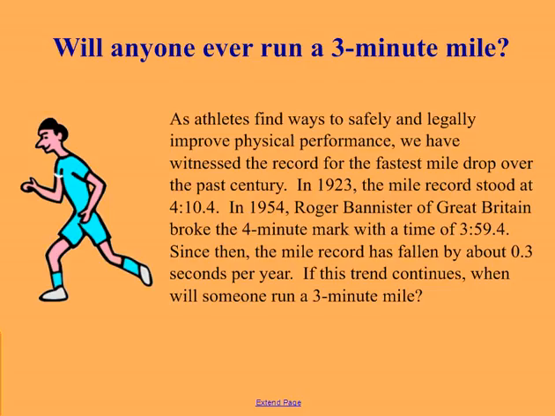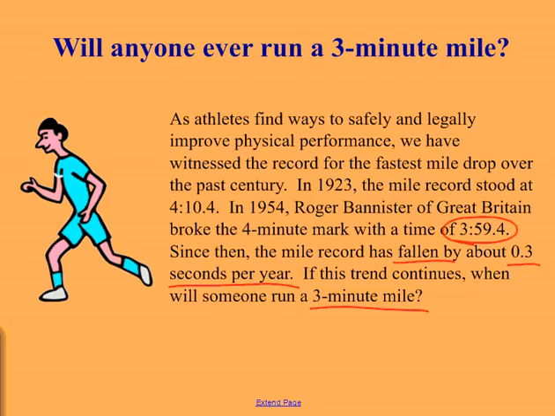What they do tell us is that in 1954, Roger Bannister ran 3 minutes, 59.4 seconds, and that since then, the record continues to fall. If something's falling, it's going down, it's being subtracted by 0.3 seconds per year. So if this trend continues, when will someone run a 3-minute mile? So 3-minute mile is what we're looking for.